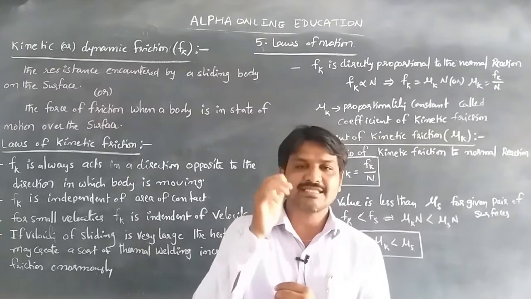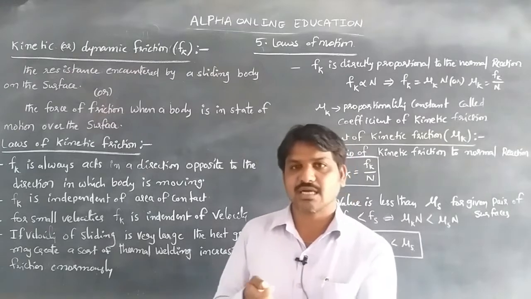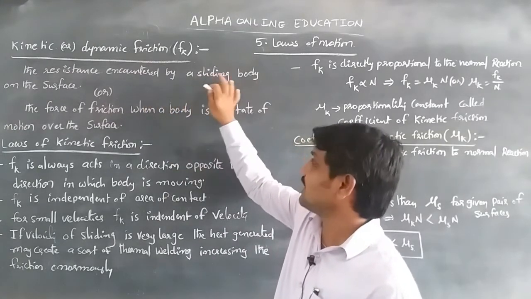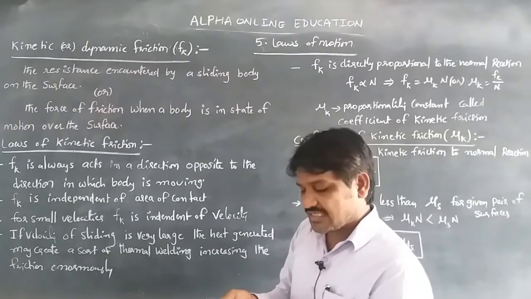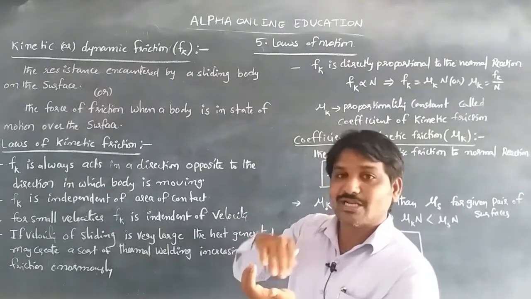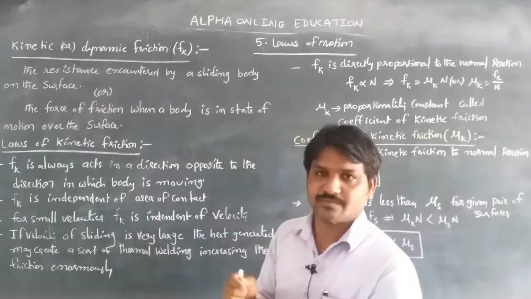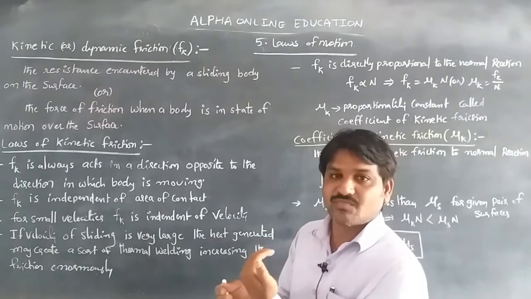It is the resistance encountered by a sliding body on a surface. Whenever the surface offers some resistance to a sliding body, so that the body can be in motion, that resistance is called kinetic friction.